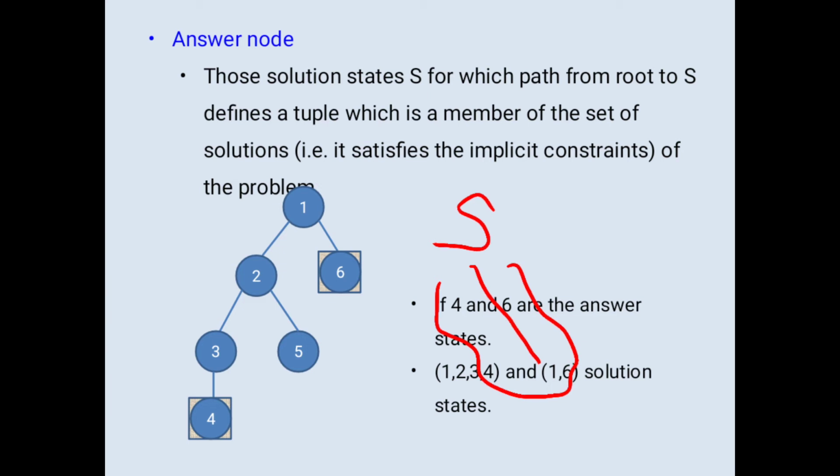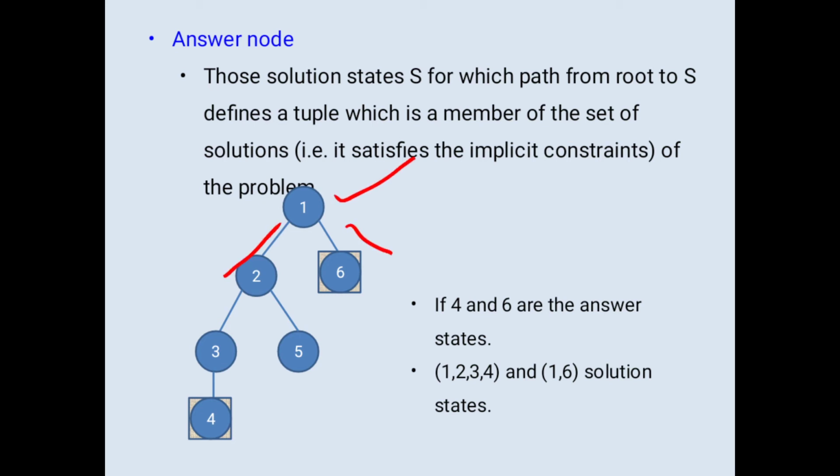Here we have the nodes 1, 2, 3, 4, then 5, 6. These are the nodes used in the state space tree. All of them are solution states, because the biggest problem 1 can be divided into 2, then 2 is again divided, and the next 2 follows another solution, then 3 is also another solution.